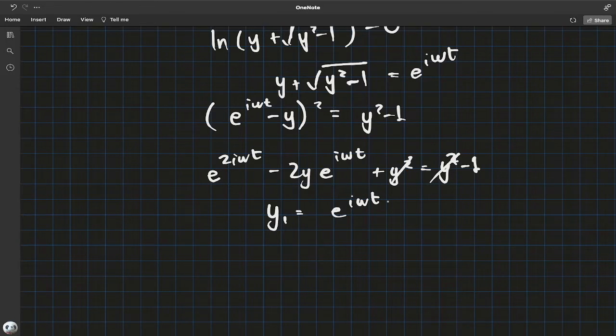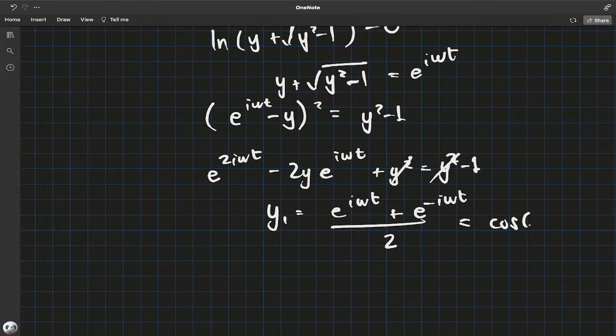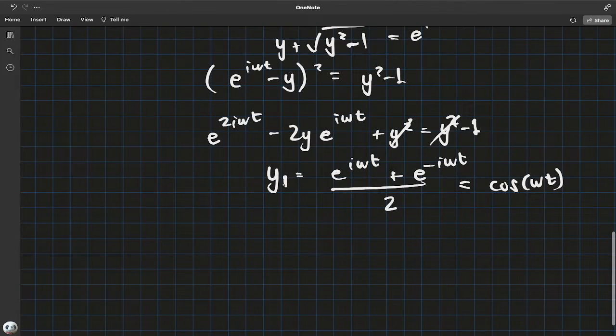This is just basic algebra. Plus e to the negative i omega t divided by 2. If you trust your complex analysis, this is cosine of omega t. This is why I call this y1. This is the first homogeneous solution.